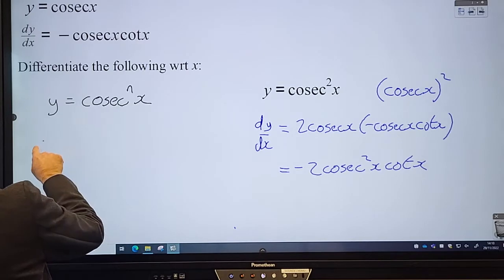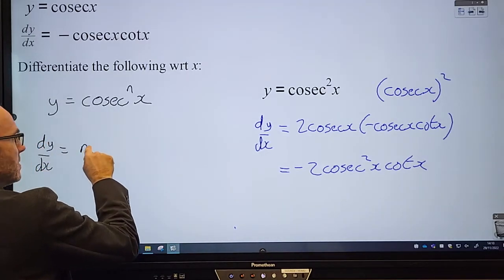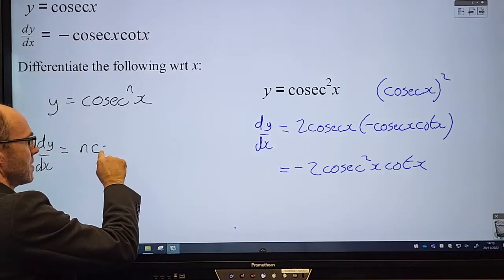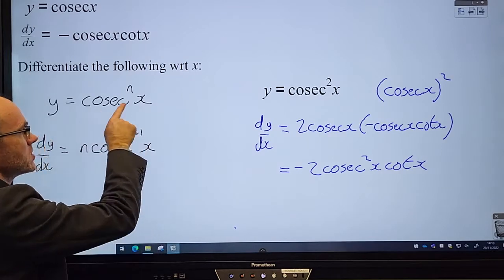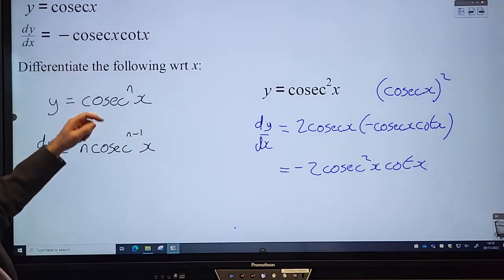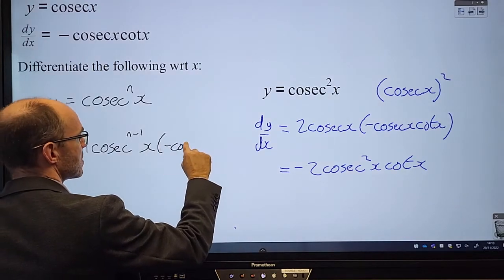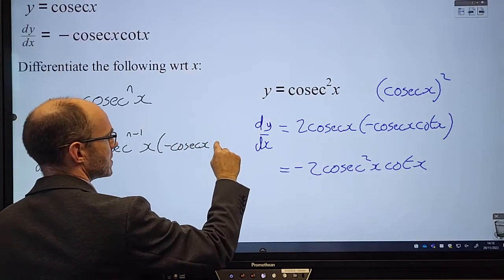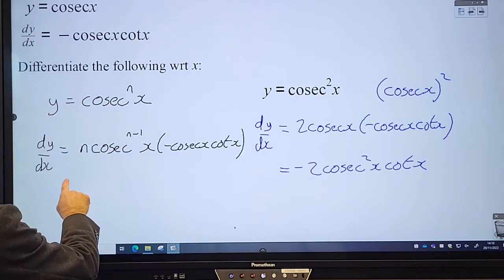I'm just going to go straight to the dy dx part. So bring the power down, n cosec to the power of n minus 1 x. Then differentiate the cosec x. You get this. So that's going to be negative cosec x cot x.